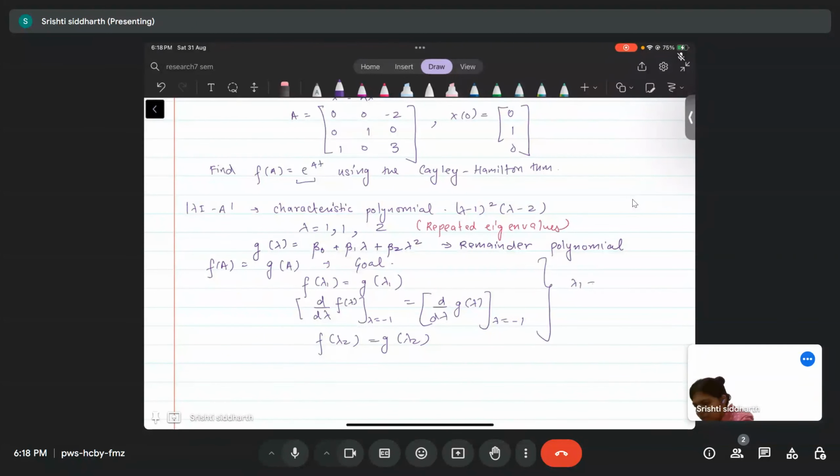So here lambda 1 is -1, lambda 2 is, sorry, it's just positive 2.